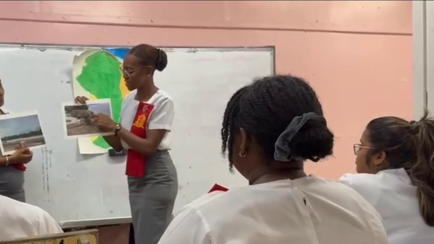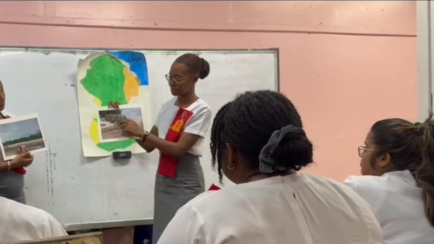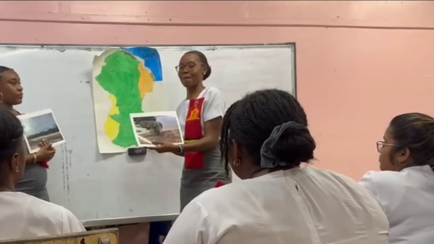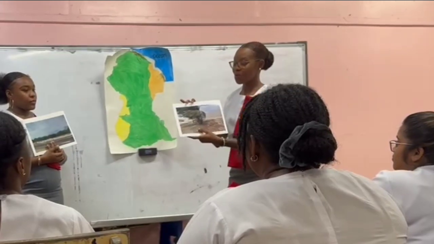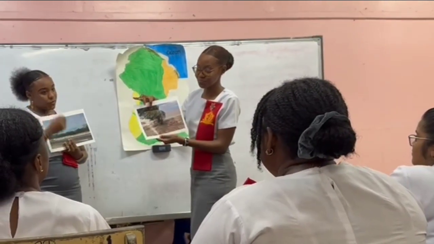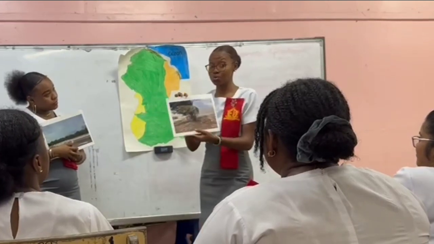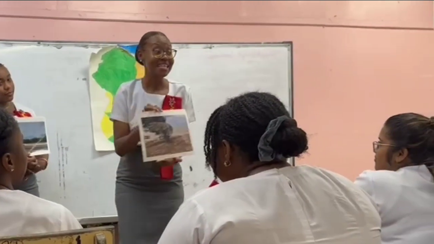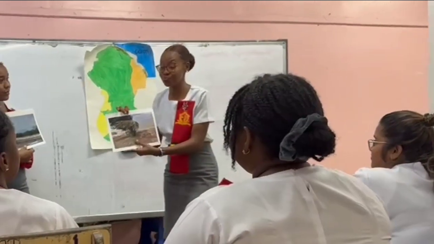Now who can tell me, what is this thing called in the picture? This is a tree. Yes, it is a tree, but do you know what type of tree it is? It's a coconut tree. Yes, it's a coconut tree.